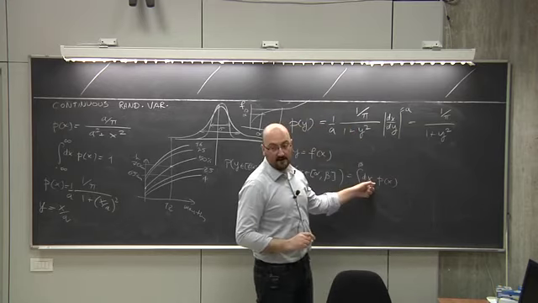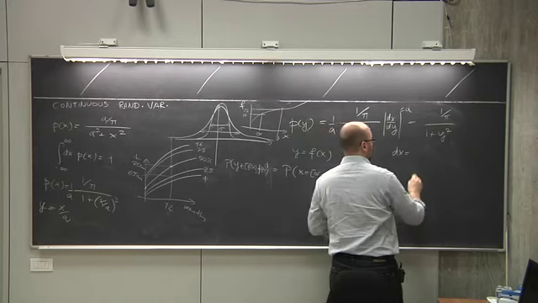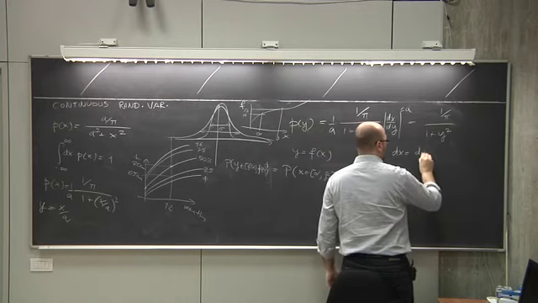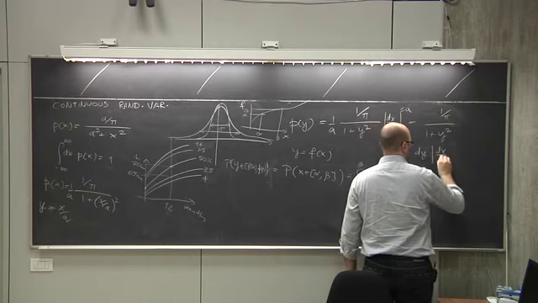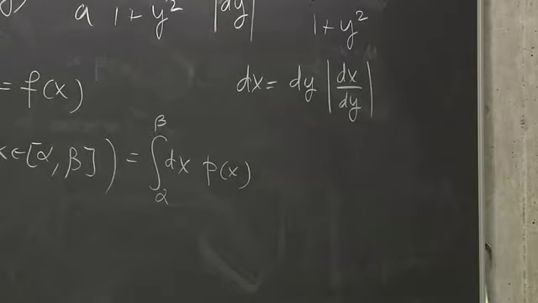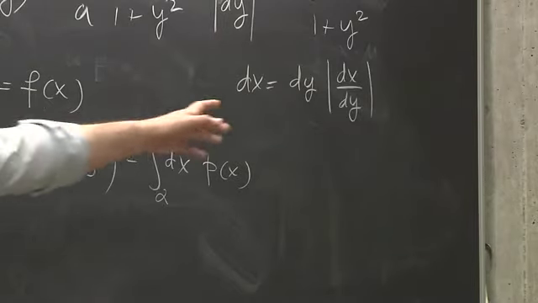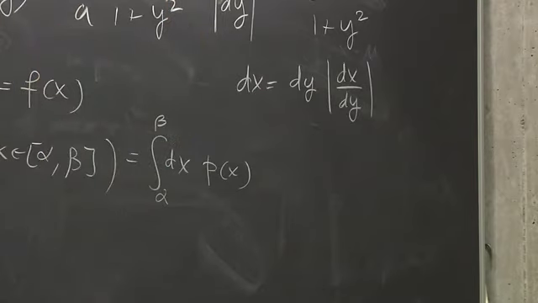If I want to change variables, dx is equal to dy times dx over dy. I don't need the absolute value here because f is monotonically increasing, but if it is decreasing, then you do.